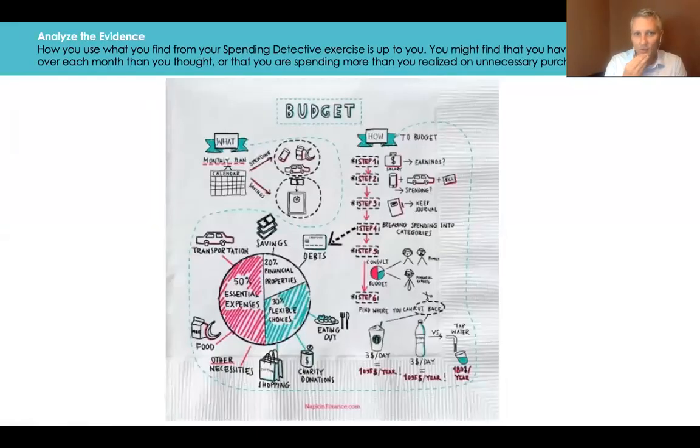You can have a look through your statements and work out where your money goes. That's part of the budget or the spending plan. This is quite a good summary of it. A budget, or a spending plan, we should probably use that terminology, is just understanding where your money goes every month or every year, just to make sure that you're on track. And everyone should do this regardless of their wealth size.